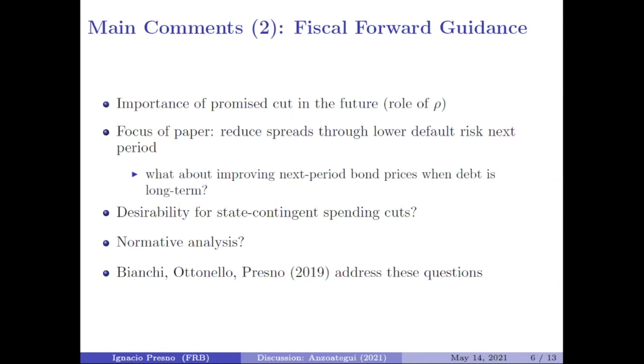And that can potentially have adverse effects in the economy today that can be dominating. So to address these three issues, I'm gonna briefly go through a paper that I have with Javier Bianchi and Pablo Tonello.